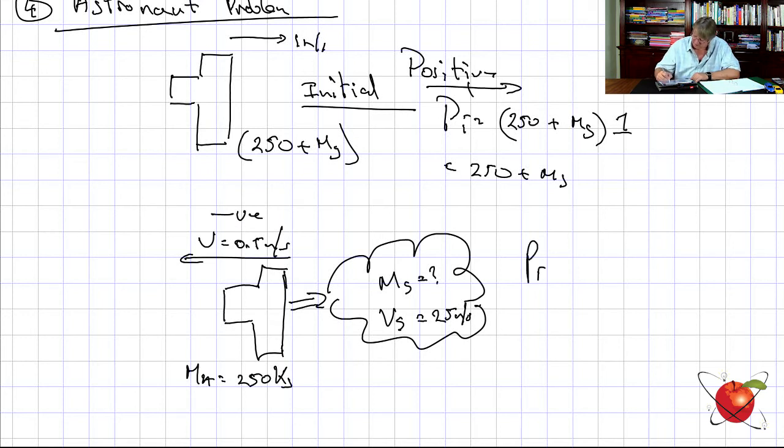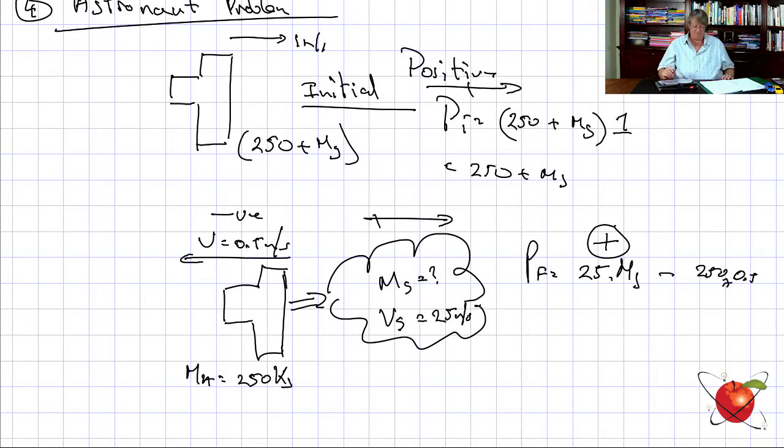So P final is going to be equal to mass of the gas times 25, because this is the positive, it's going out that way, positive, minus 250 times 0.5, correct?